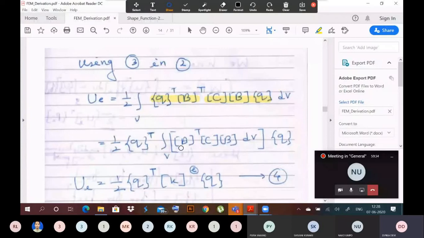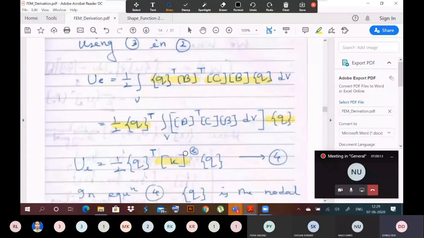So this is my stiffness matrix of an element. So UE will be equal to half into Q transpose K of the element into Q. So this KE is nothing but integration over volume of the element of B transpose C B dV. So from this we got the general expression of the element stiffness matrix.